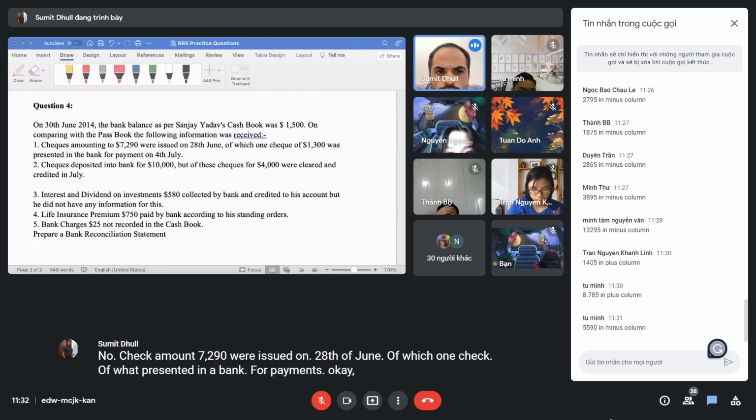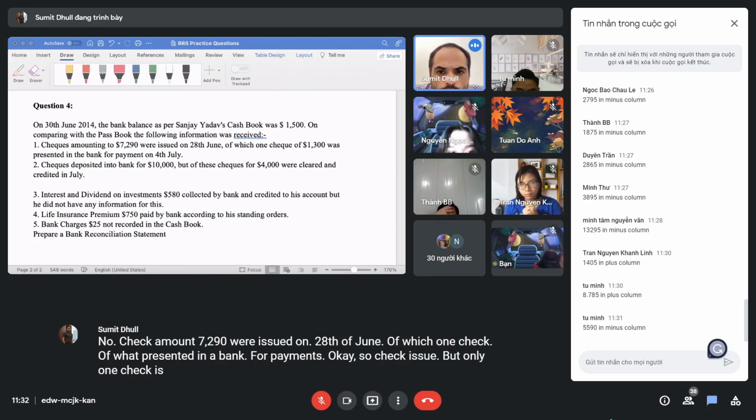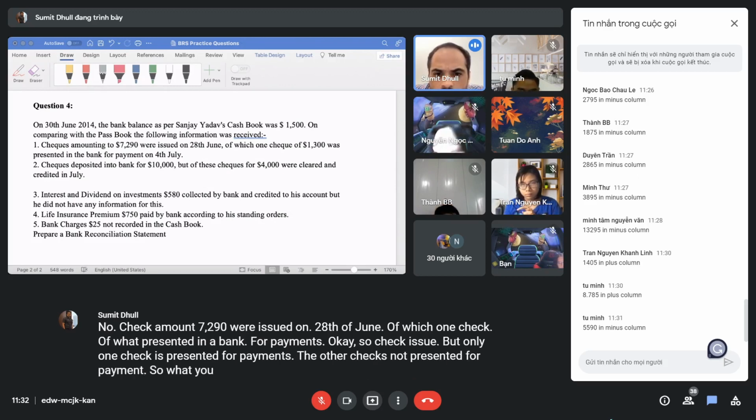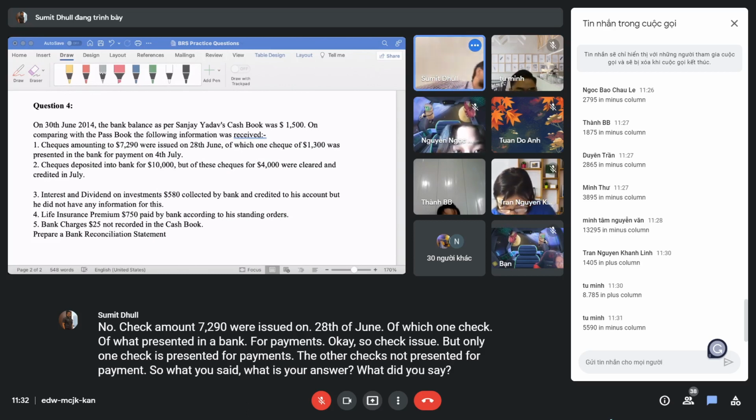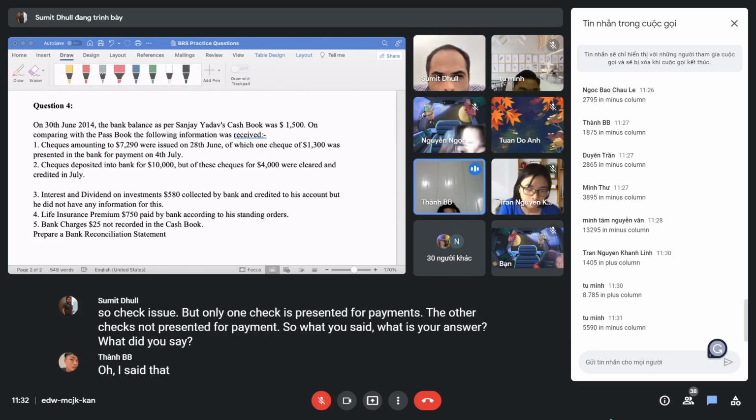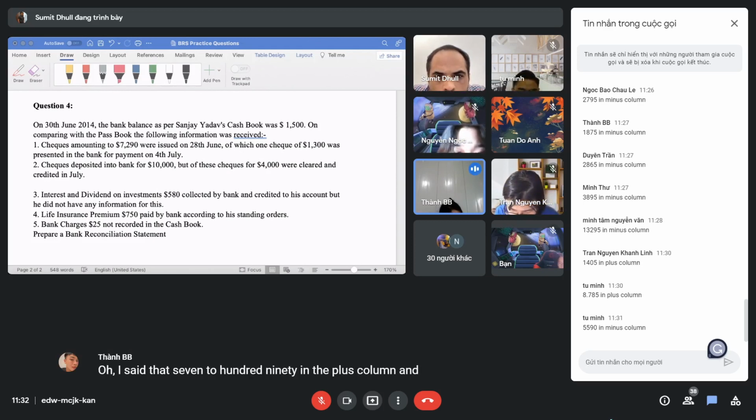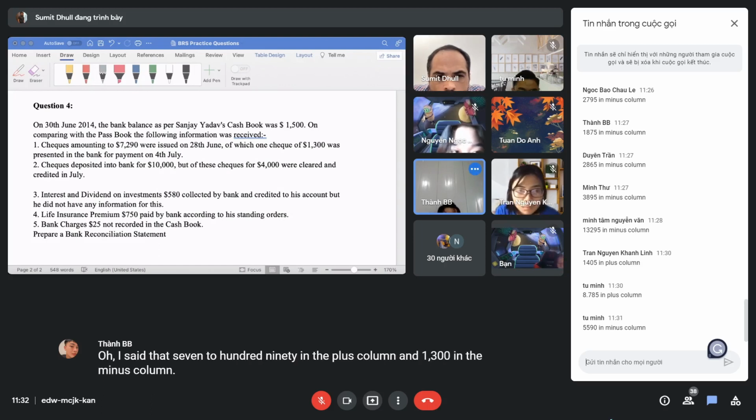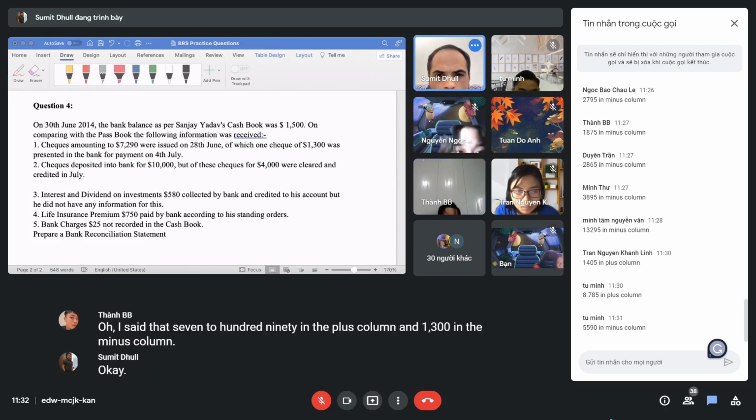Okay, so checks issued, but only one check is presented for payment. The other checks are not presented for payment. So what is your answer? I said 7,290 in the plus column and 1,300 in the minus column. Okay. Anybody else?